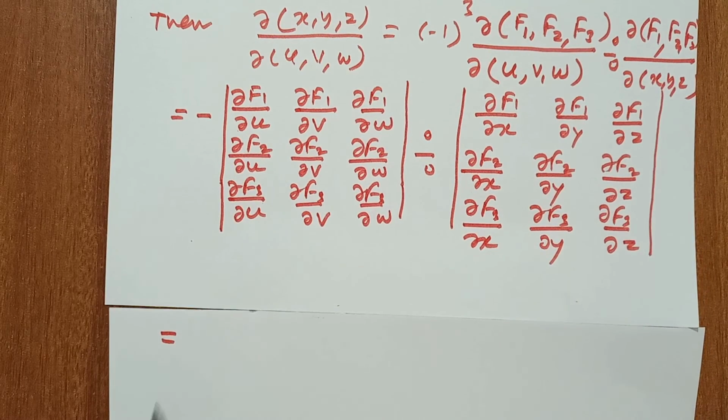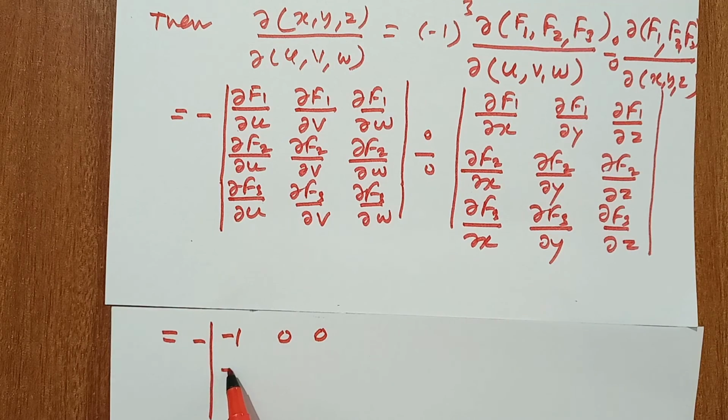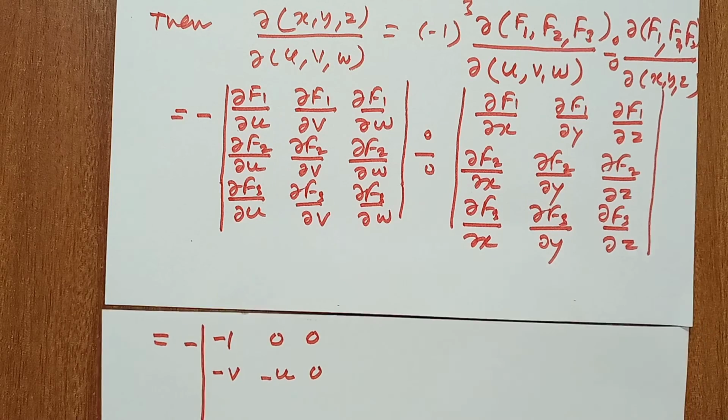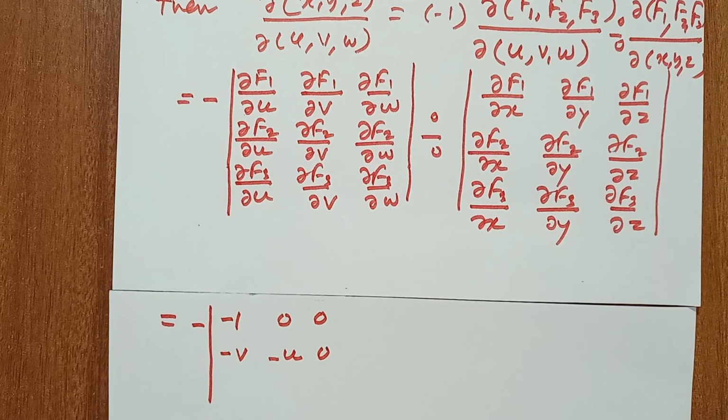So the first row is minus 1, 0, 0. ∂f2/∂u is minus v, ∂f2/∂v is minus u, and 0. Similarly ∂f3/∂u is minus vw, ∂f3/∂v is minus uw, and ∂f3/∂w is minus uv.